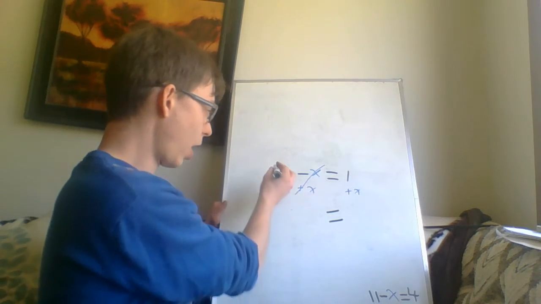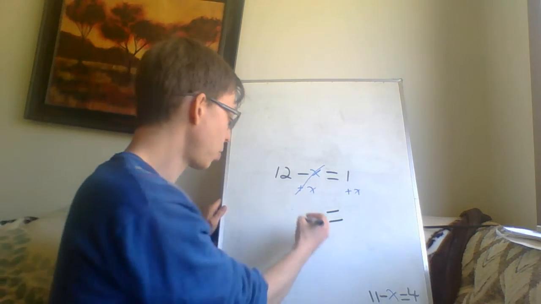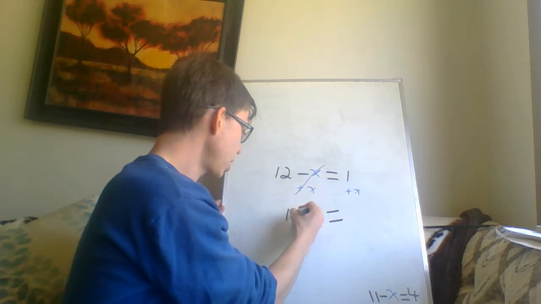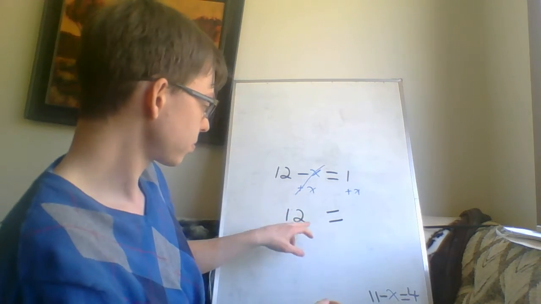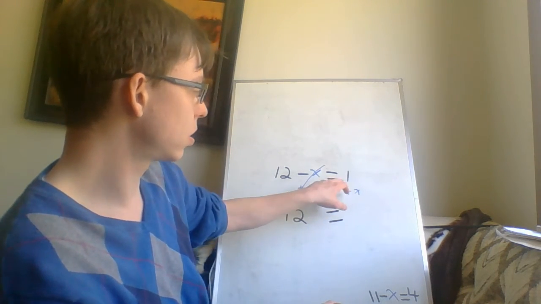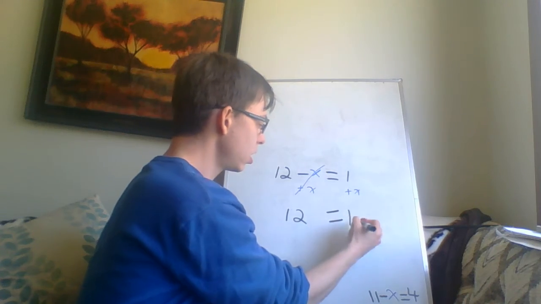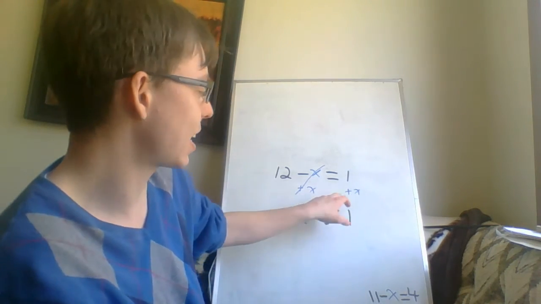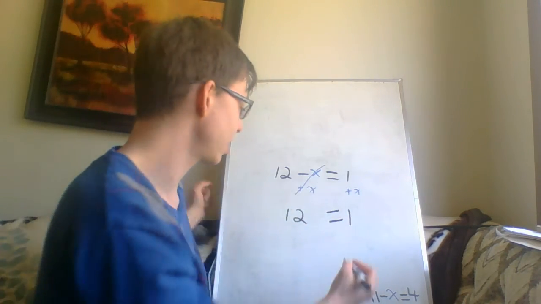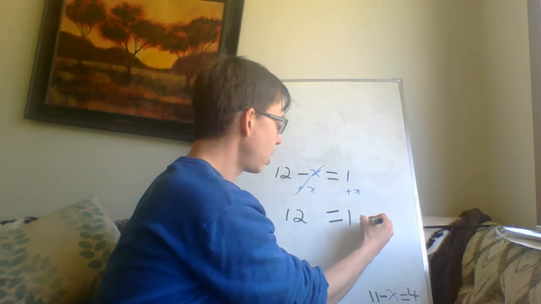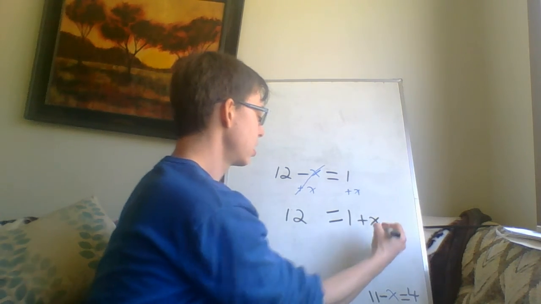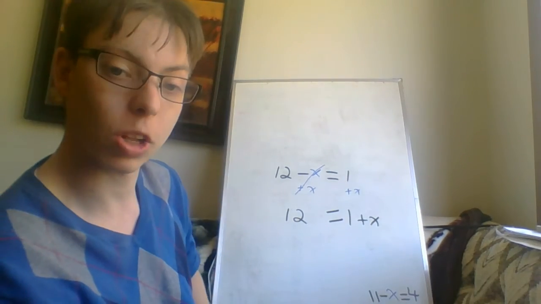On this side, I have just 12 left. 12 equals 1, and now I have to put in that plus x because I put it on the other side. 1 plus x. Getting closer.